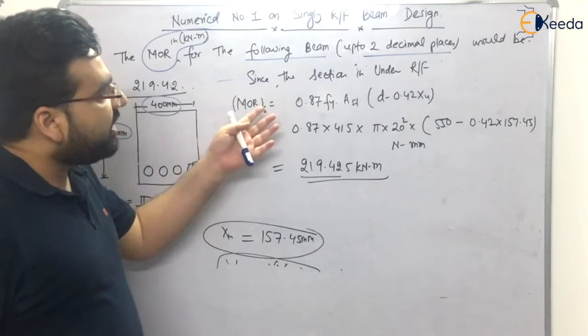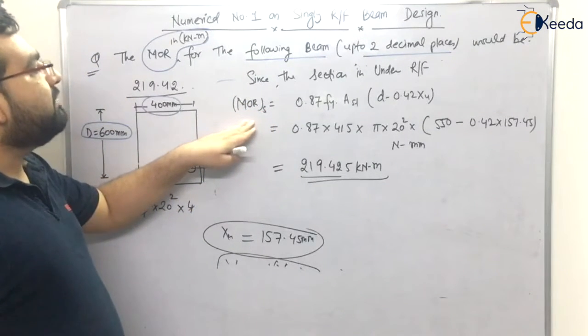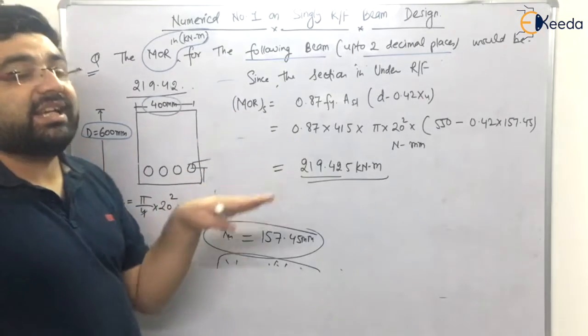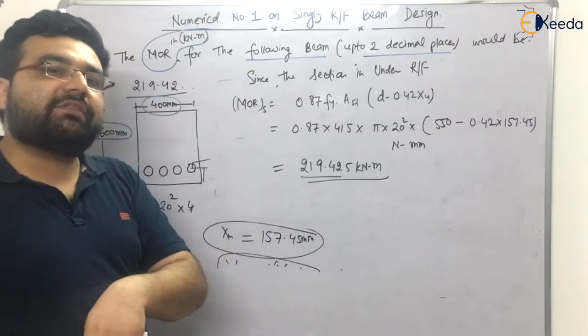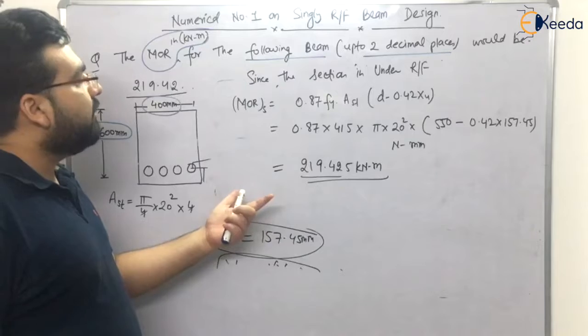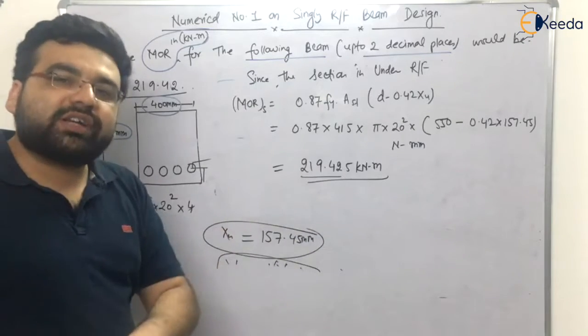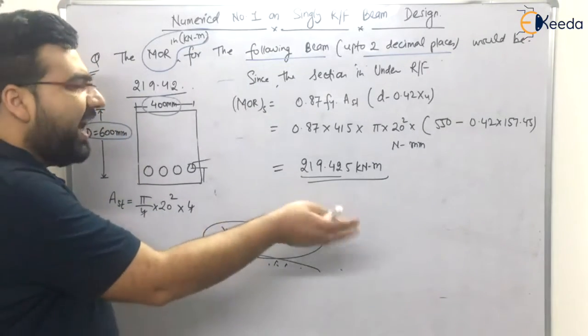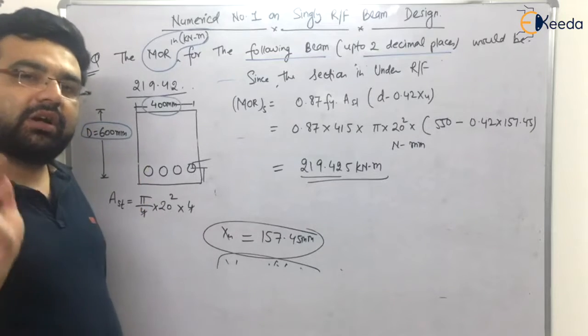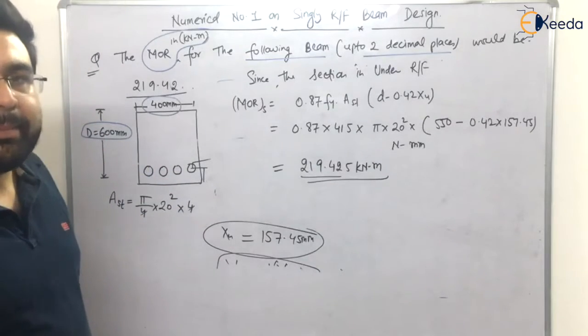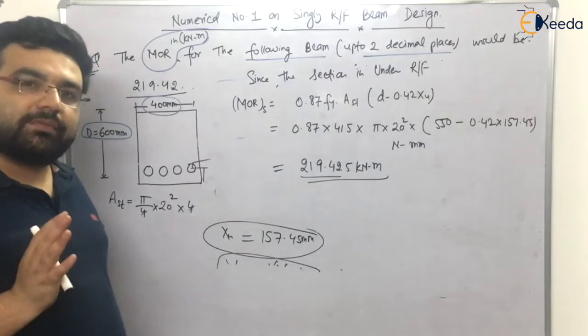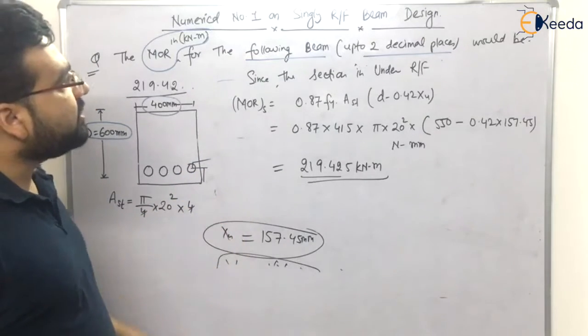So if it is under reinforced, we applied the formula of moment of resistance with respect to steel. If it would have been over reinforced, we would have applied the formula for moment of resistance with respect to concrete, right? And for balanced, anything will work. Either it can be steel or it can be concrete. Right? So I hope that you have understood the concept.